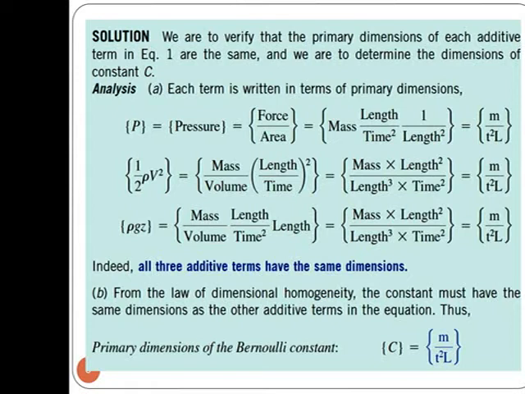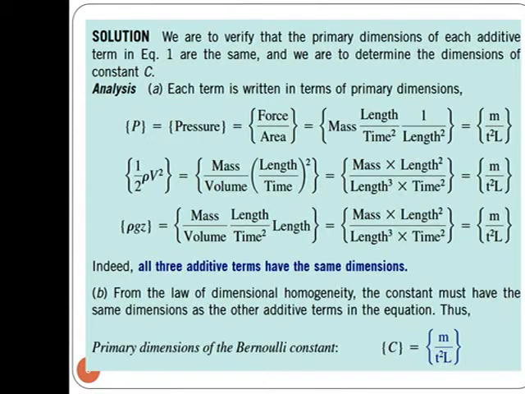Pressure P equals force upon area, equal to mass times length upon time squared times 1 upon length squared, equal to m upon t squared L. Half rho v squared equals mass upon volume times (length upon time) squared, equal to mass times length squared upon length cubed times time squared, equal to m upon t squared L. Rho gz equals mass upon volume times length upon time squared times length, equal to mass times length squared upon length cubed times time squared, equal to m upon t squared L. Indeed, all three additive terms have the same dimension.